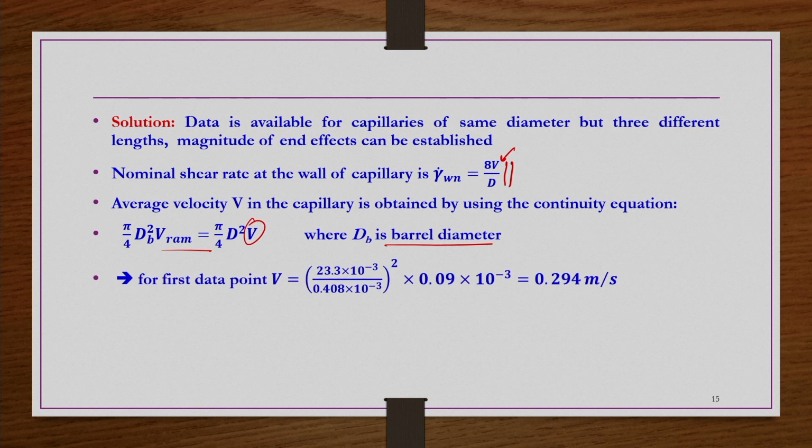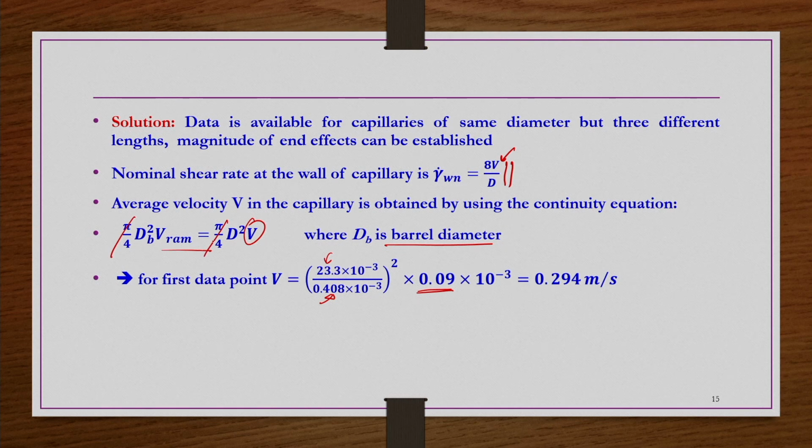Let us say for the first data point, V ram is 0.09, that is given, and dB, barrel diameter, is given as 23.3 mm, D, that is capillary diameter, 0.408 mm, that is also given. So, this pi by 4 is cancelled out.